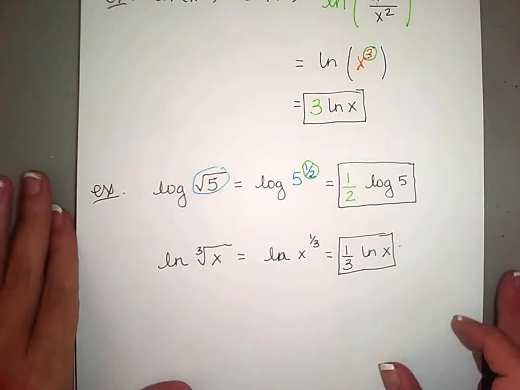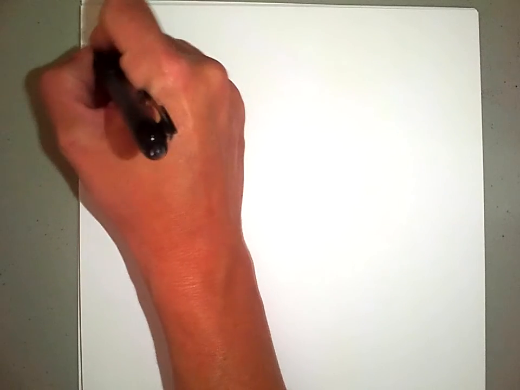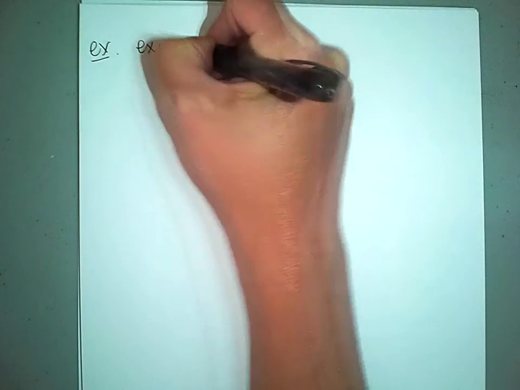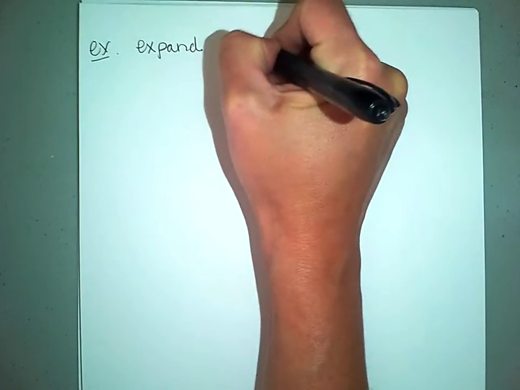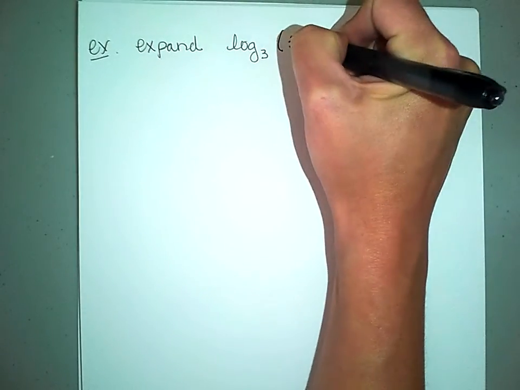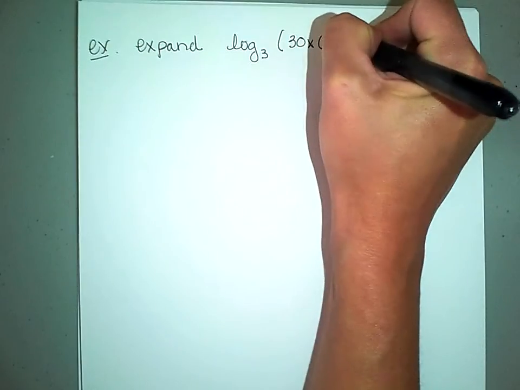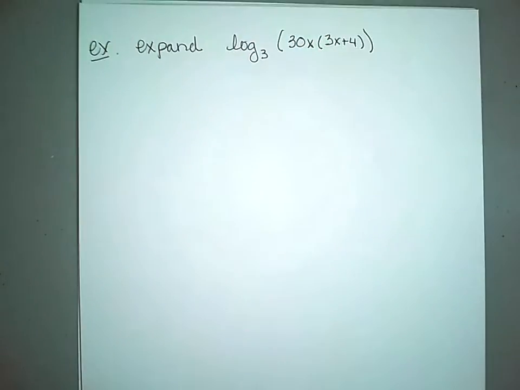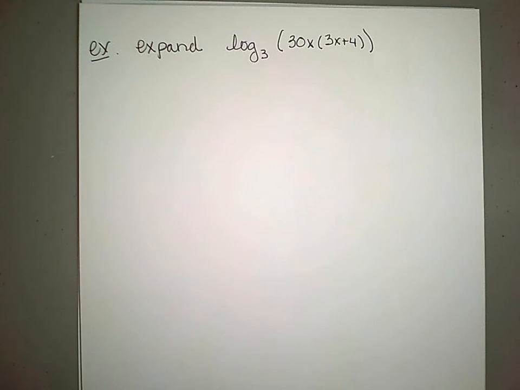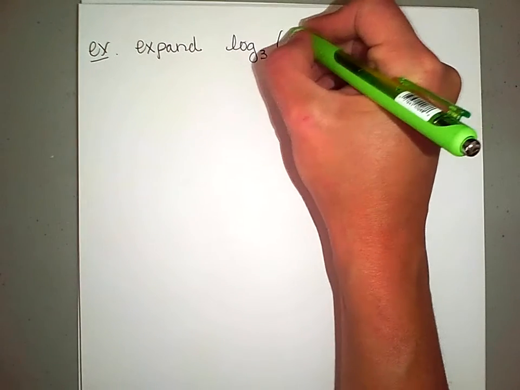Alright, let's do some other expanding. So let's say we had to expand log, for example, let's expand the log base 3 of 30x times the quantity 3x plus 4. In this case, I actually have a product.